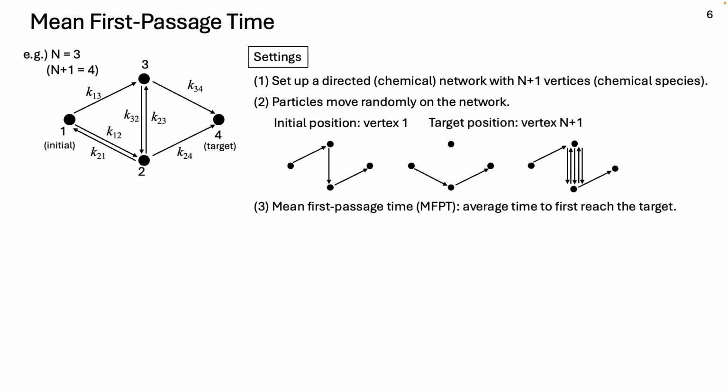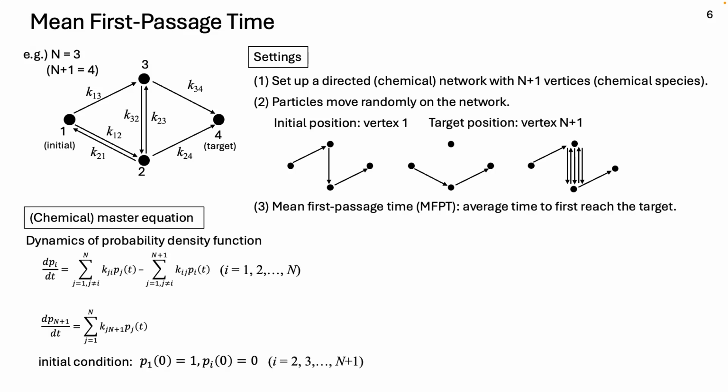For this path, the first passage time is long because it repeats the same way. So one of our goals is to calculate this mean first passage time.